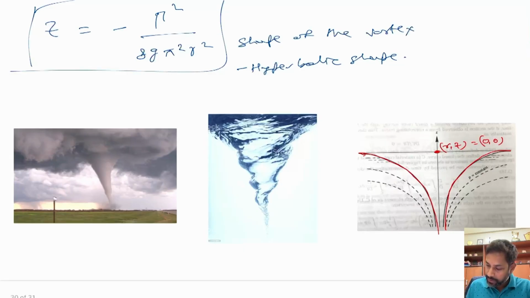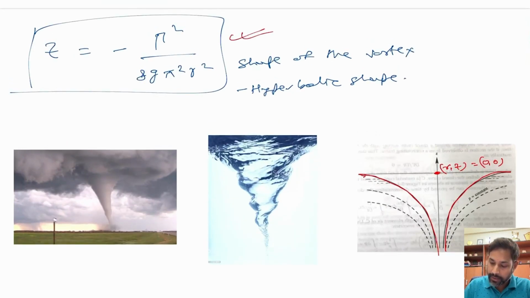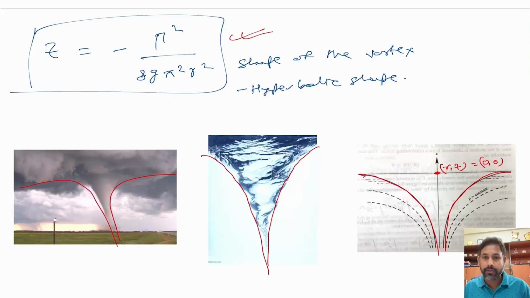So this interface that you see in the red color is defined by this curve. Okay, that is a hyperbolic curve. And in this also you can visualize that this is how a free vortex looks like, right? As you can see from these two images, one is the vortex in water, another one is the vortex in the atmosphere, and this is how a vortex looks like.